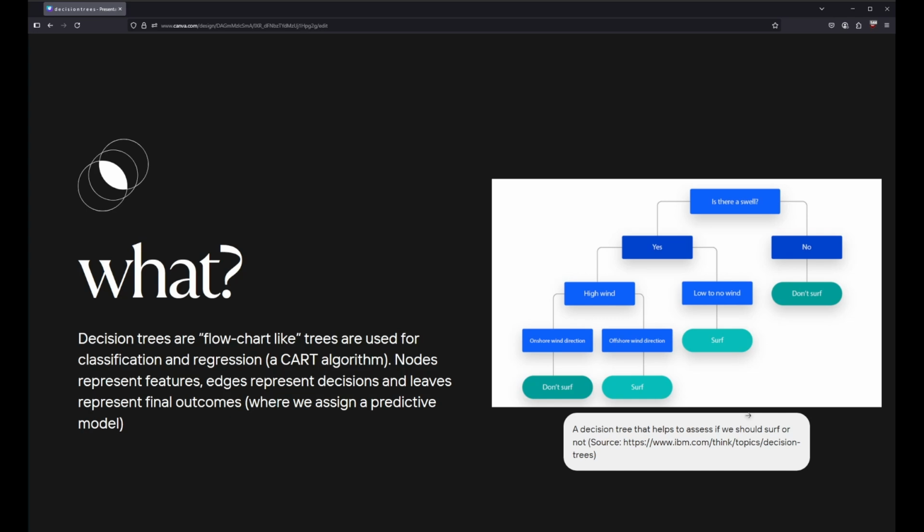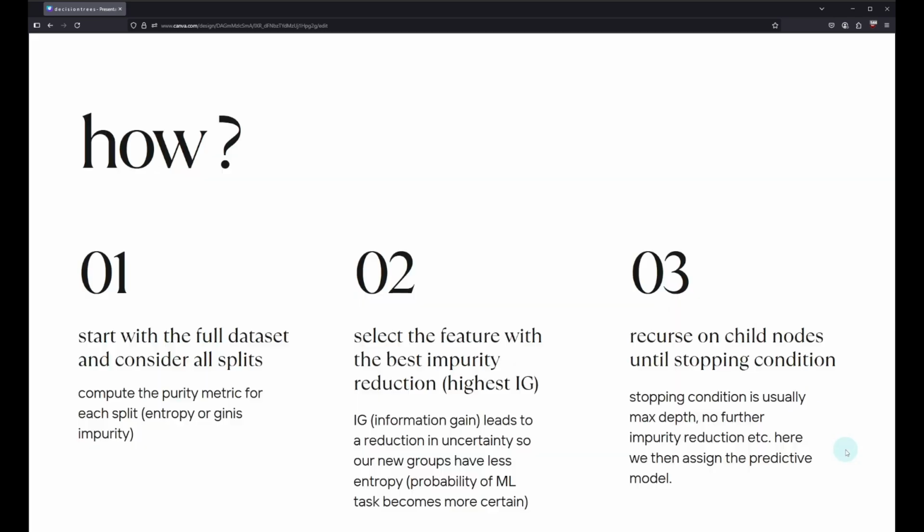So we'll have a data set where we only have records of data, or instances of data, where we have high wind, and on the other hand, you'll have instances of data where we have low to no wind. So that's essentially what a predictive model is, which is our final outcome.